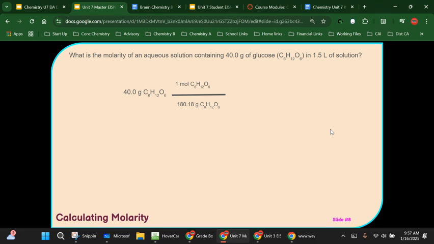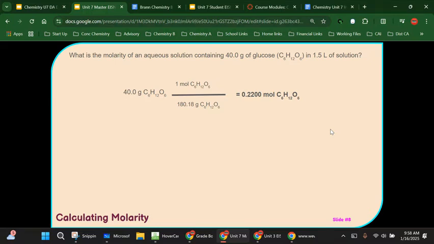That gives me the 180.18 grams of C6H12O6 that is equal to 1 mole. Questions on any of that? We're good? Okay. Now I'm going to use this to get out of 40 grams and into moles. Okay? Out of 40 grams and into moles. When I do this, this is what I get out of my calculator, 0.2200. Questions?